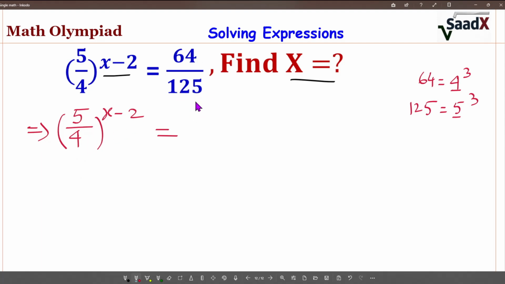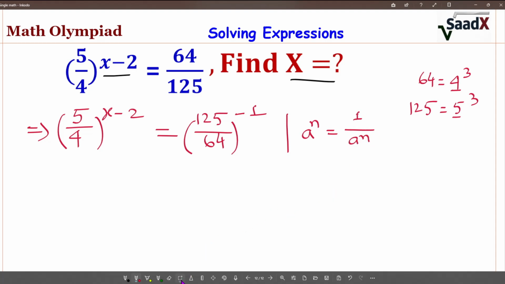So we can make this one as per negative exponent, we can write (125 by 64) to the power minus 1. We know a to the power minus n means 1 by a to the power n.